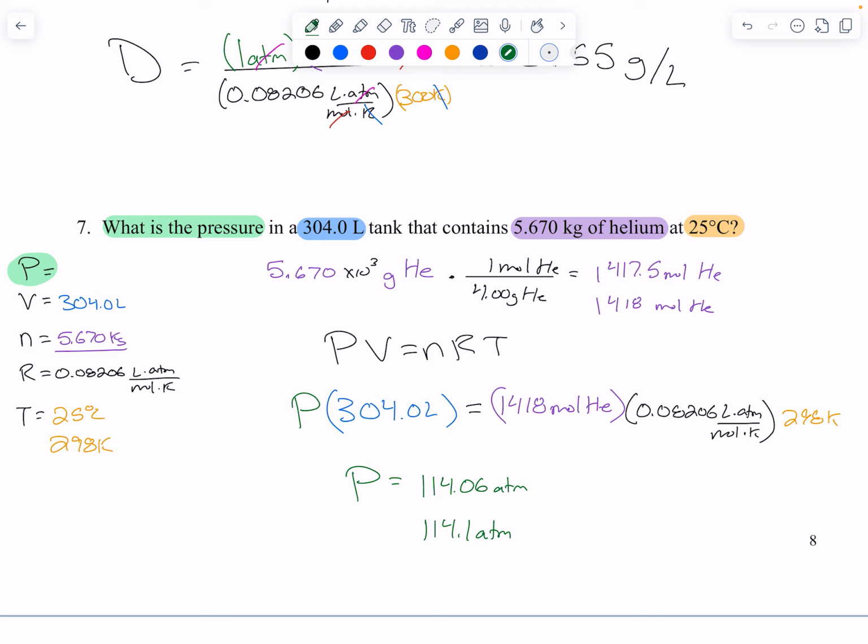Now, the only caveat to my sig figs is right here, right? I only use 3 sig figs here instead of 4. Because technically that should have been 5.670 over 4.002. And I actually only have 1417. So technically speaking, that should be a 7.